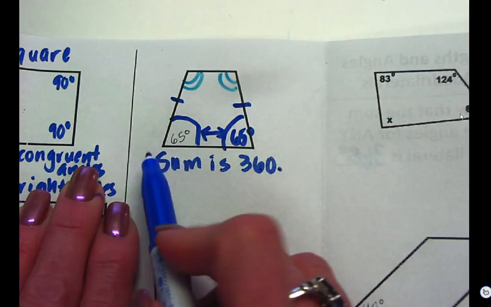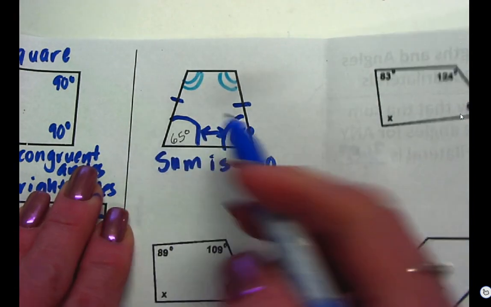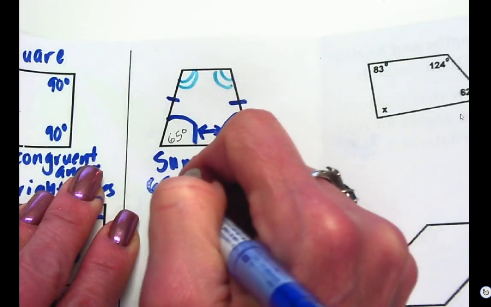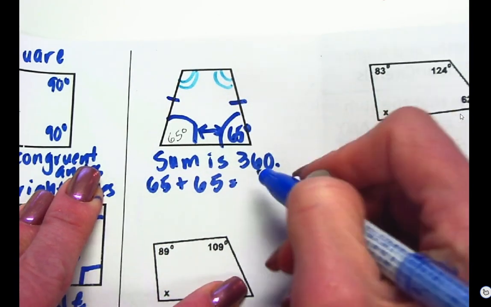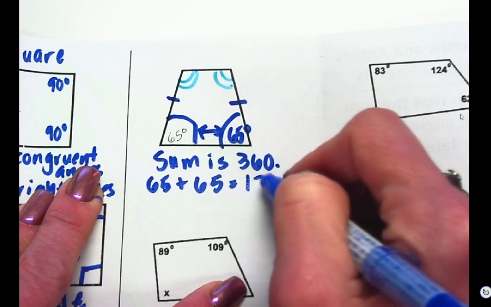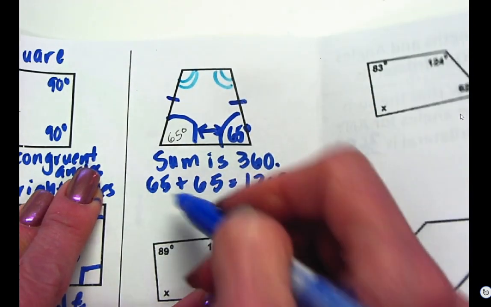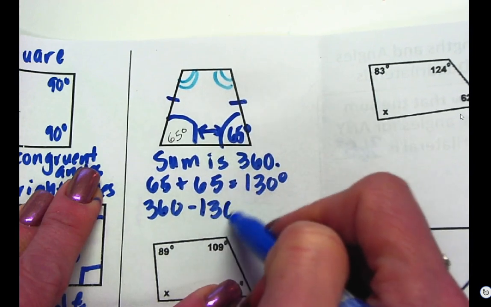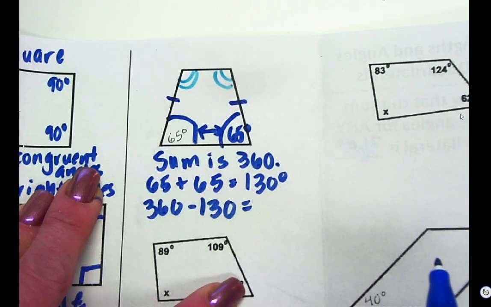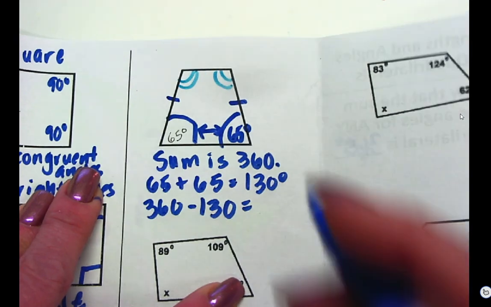So what I have to do is add the two angles that I know. So I'm going to take 65 plus 65, and I get what? 130. I subtract 130 from my total to see how many degrees I have left, and what do I get? 230.